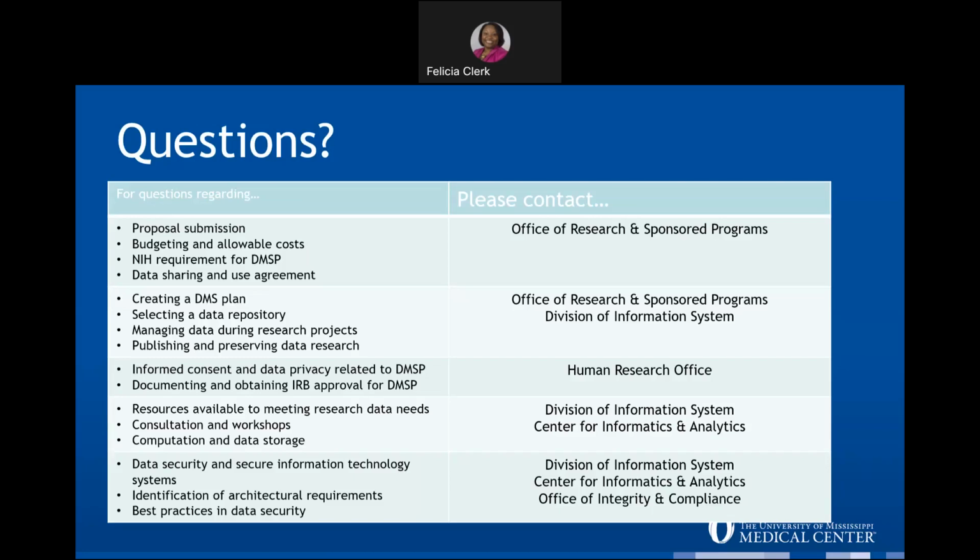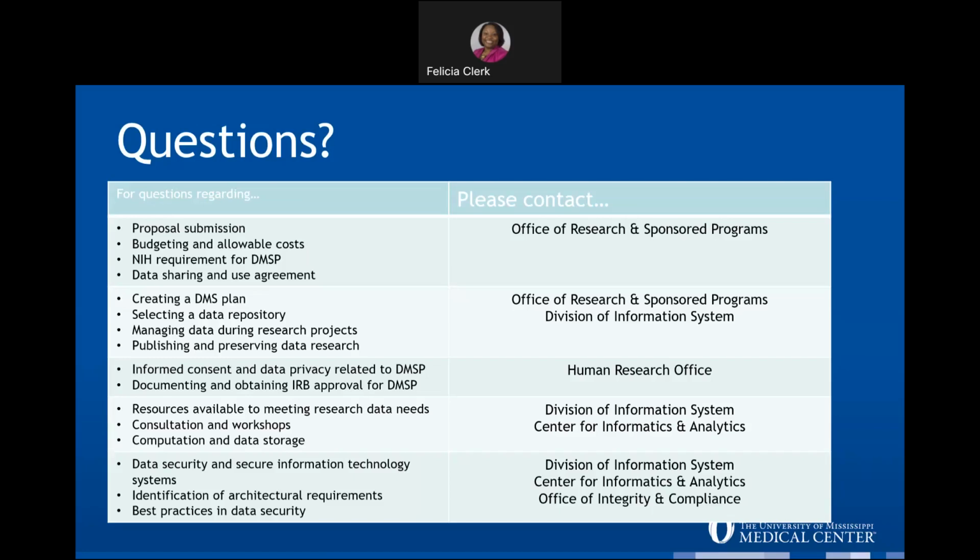Regarding your informed consent, data privacy related to the DMSP, and documenting and obtaining IRB approval for the DMSP, you'll contact the Human Research Office. For any resources available for meeting your research data needs, or consultations and workshops as far as your data storage and computation, you'll contact the DIS, Division of Information Systems, and you'll also contact CIA to see which of those can help you with your data management and data storing needs, and what's available for you.